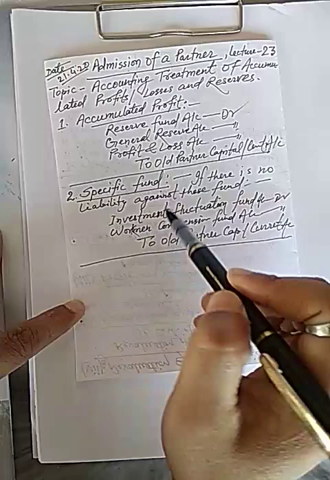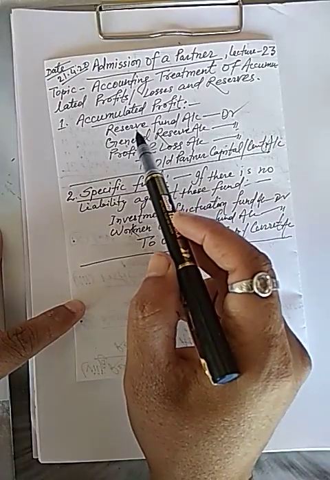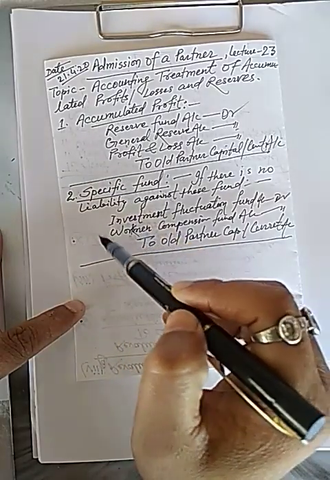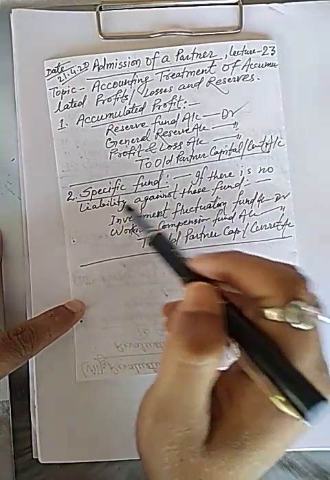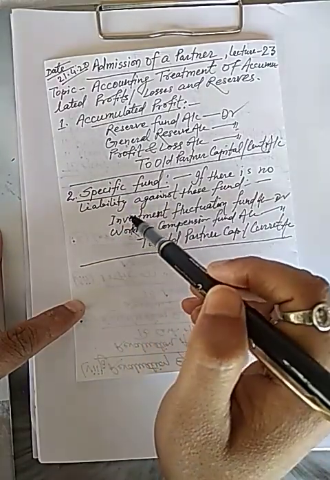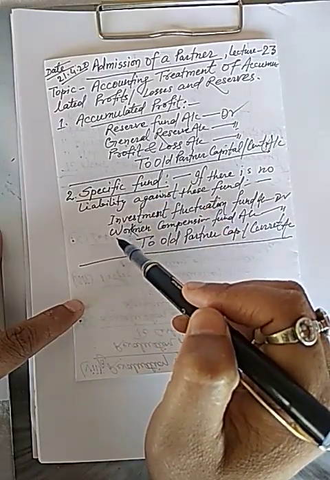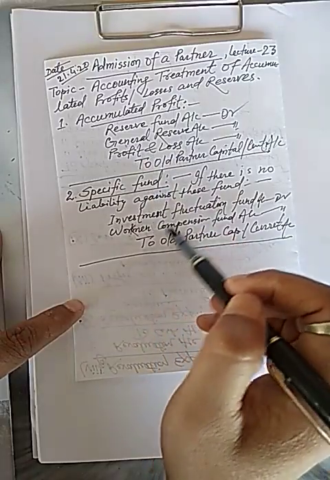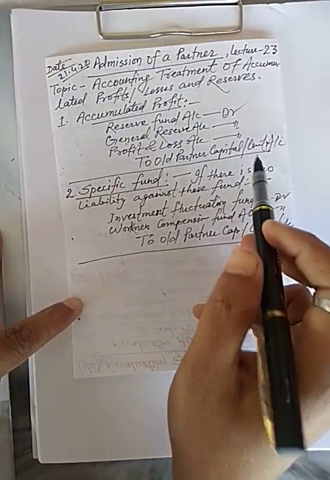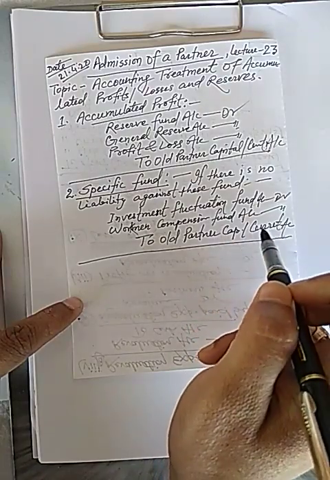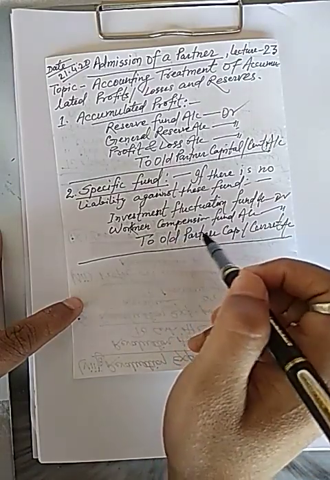These funds will be shown on the liability side of the firm, and they will be written off to the credit side of the old partners' capital and current accounts in their old ratio.